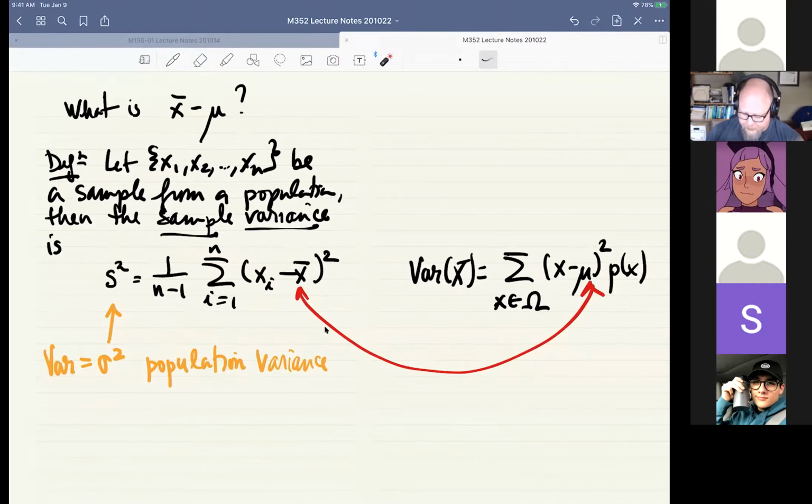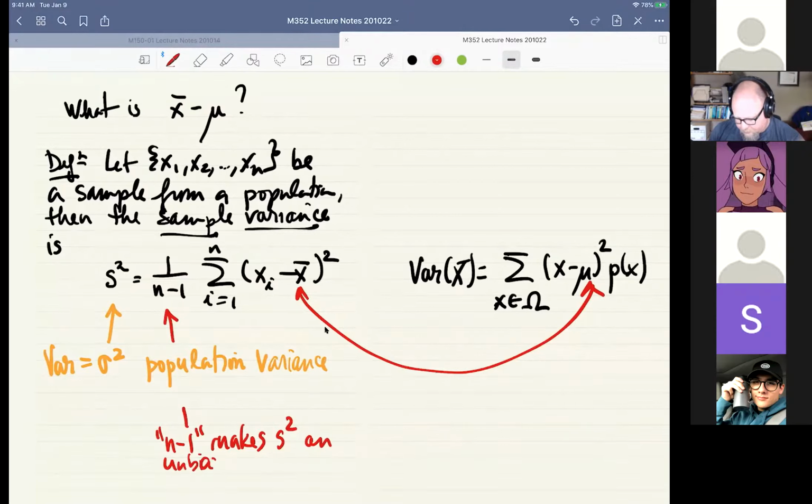And when I was first learning this, I said, well, why are we dividing by n minus 1? Well, it turns out that this n minus 1 makes the sample variance an unbiased estimator for the variance.